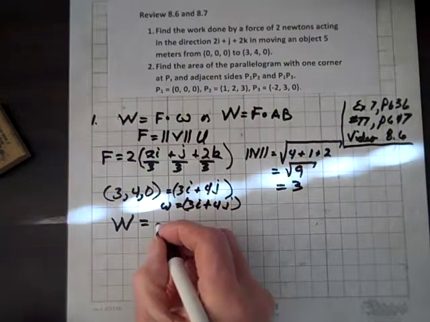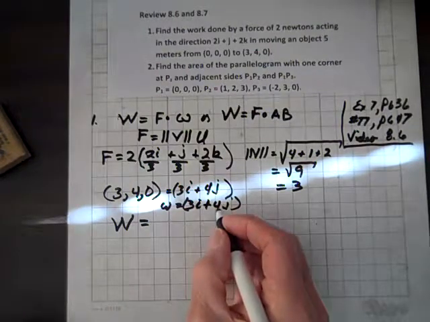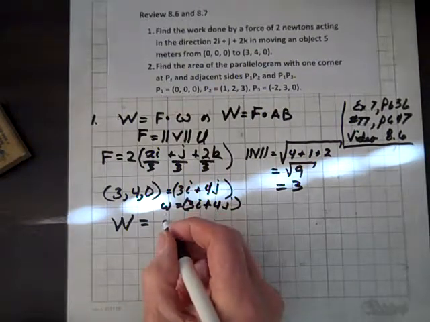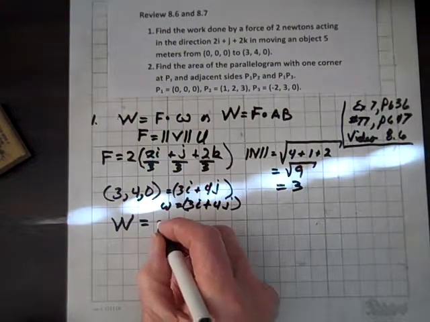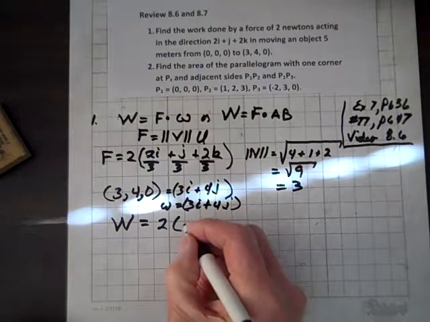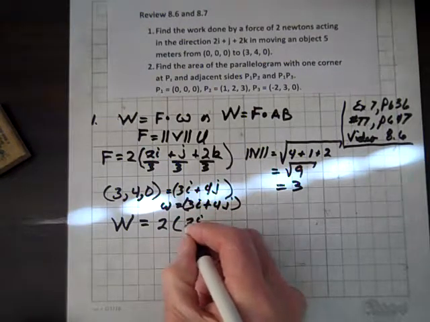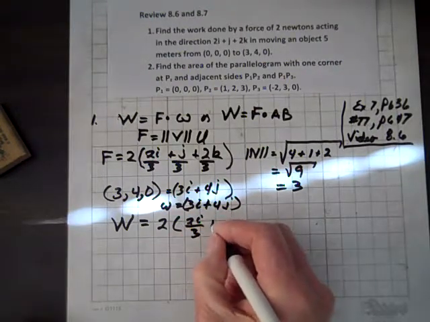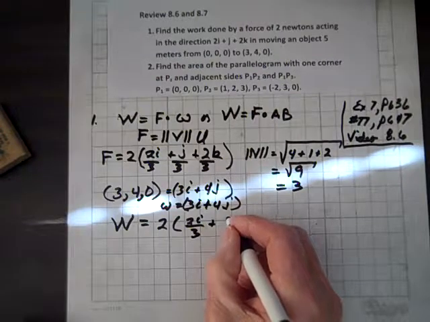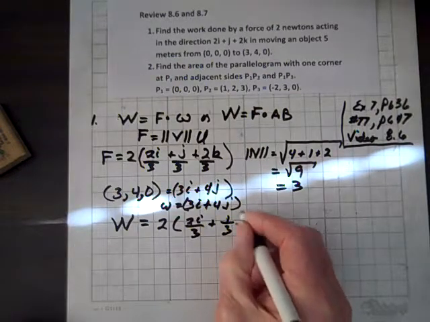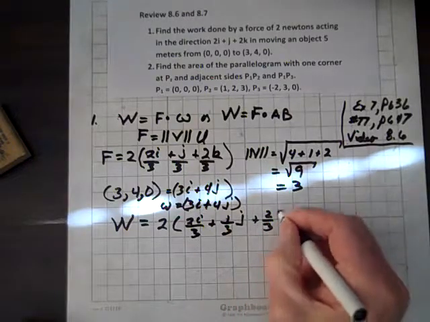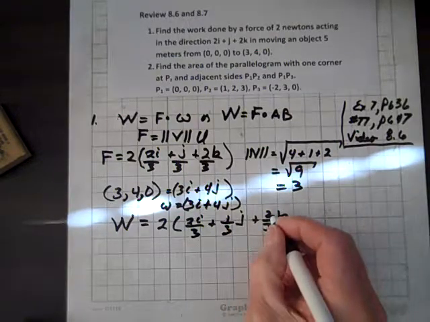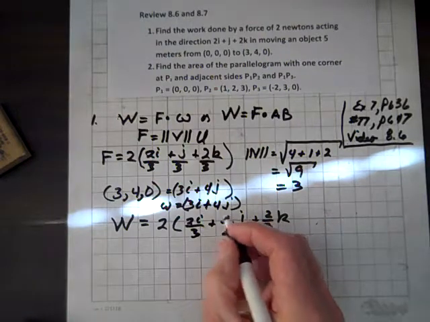So now work equals force dotted with omega. So that's going to be force is 2 times (2/3 i plus 1/3 j plus 2/3 k). Whether I put the k in the numerator or alongside makes no difference.